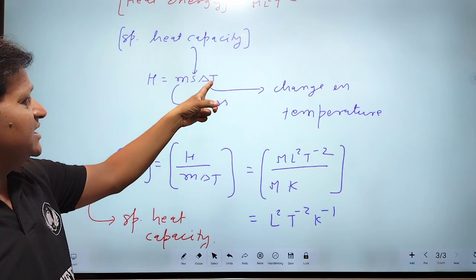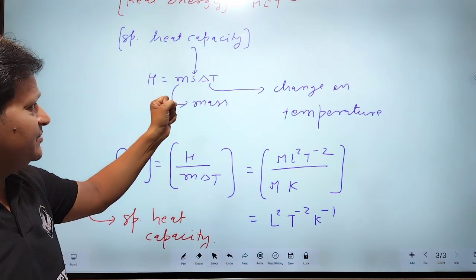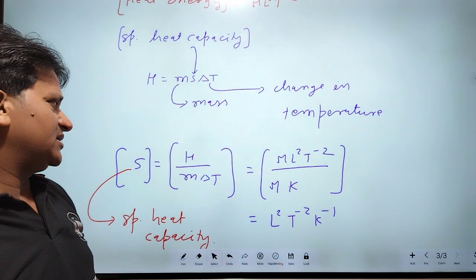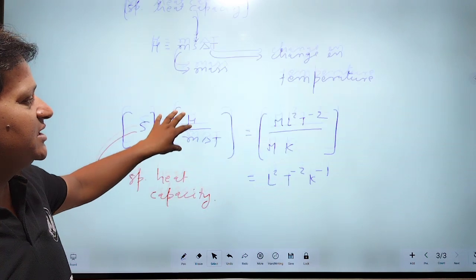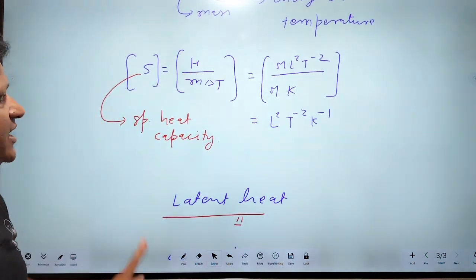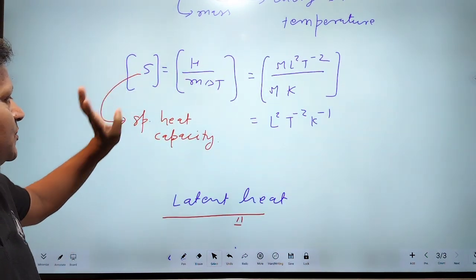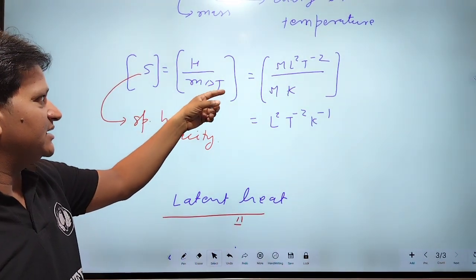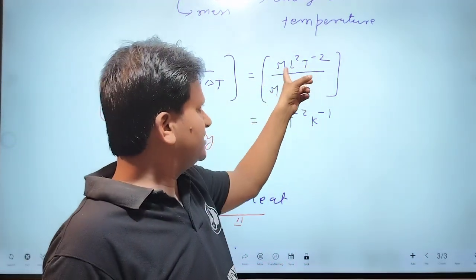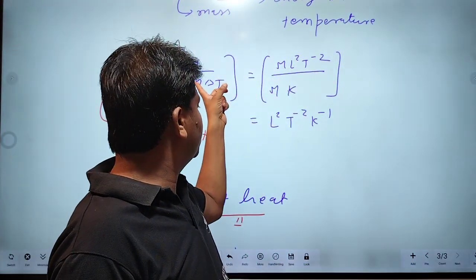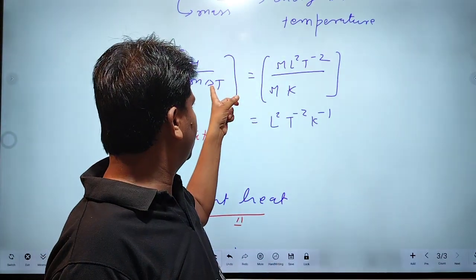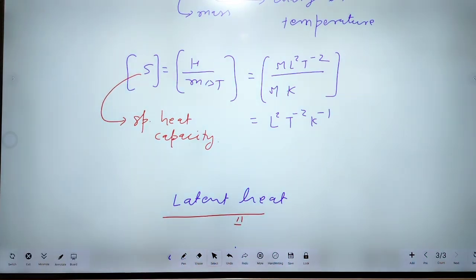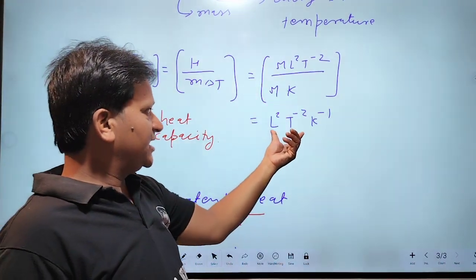H is equal to m s delta T, where H is heat energy, M is mass, S is specific heat, and delta T is change in temperature. Temperature minus temperature will be temperature. Okay. Therefore, dimension of a specific heat capacity is H by M delta T. H is heat energy, M is mass, and delta T is Kelvin. Dimension of temperature is Kelvin. This can be written like this.